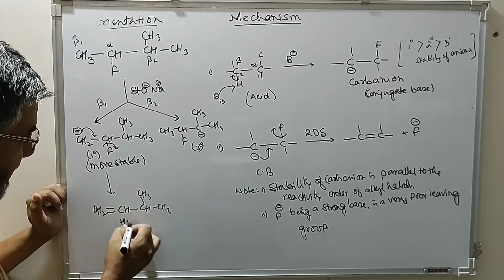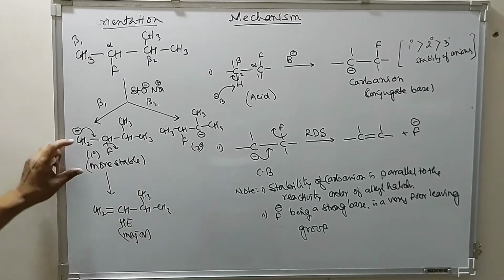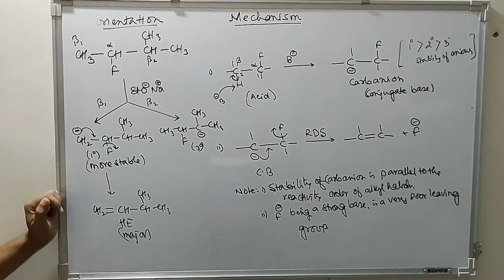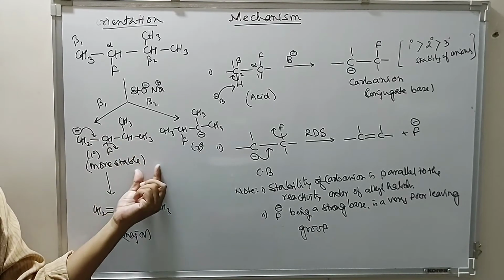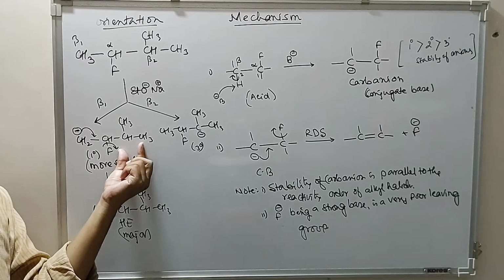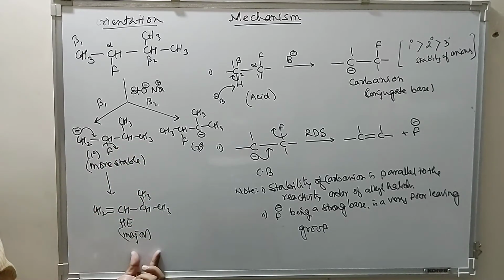This is the Hofmann product, which forms as the major product because it comes from the more stable carbanion. Out of these two possible anions, the more stable anion forms in a larger quantity, so the elimination product from it will form as the major product.